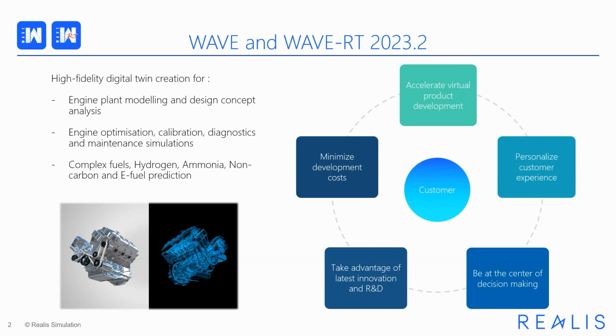These five pillars of our product strategy firmly put the customer at the center of our product development. Today, it is my pleasure to introduce new and exciting features in the 2023.2 release of the Wave Product Suite and give you an overview of how these features can help our customers achieve their R&D and CAE modeling objectives.